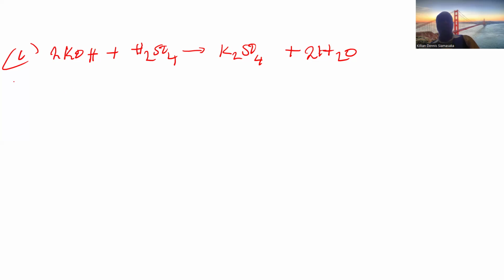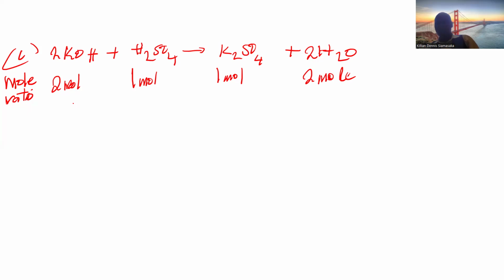So you have to look at the mole ratio on the balanced equation. Here you have 2 moles of potassium hydroxide, 1 mole of sulfuric acid, for 1 mole of potassium sulfate, and you have 2 moles of water.